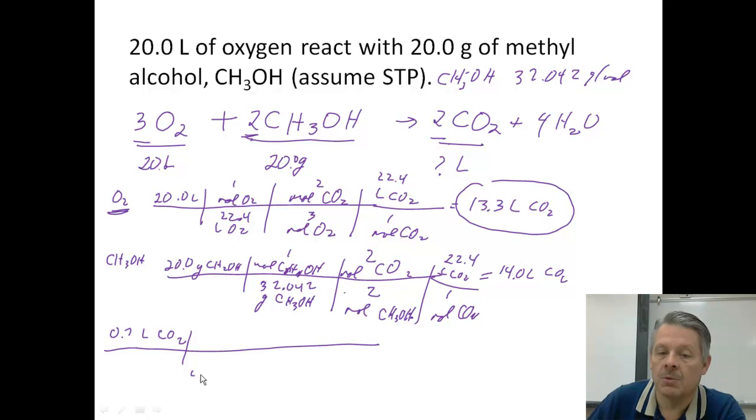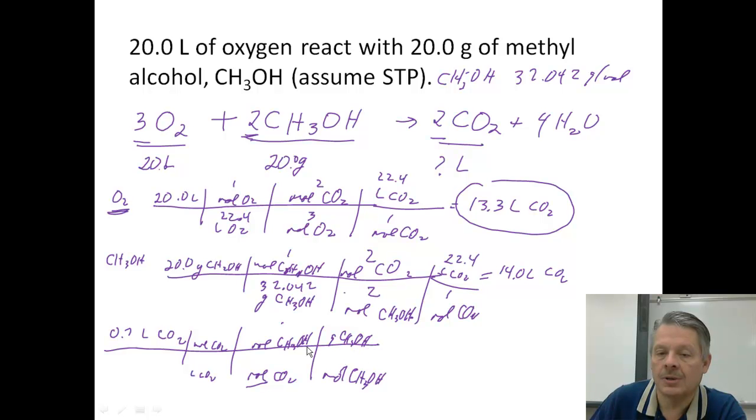So we go from liters of CO2 to moles of CO2, and then we go from moles of CO2 to moles of methyl alcohol, and then we go from moles of CH3OH to grams of CH3OH.